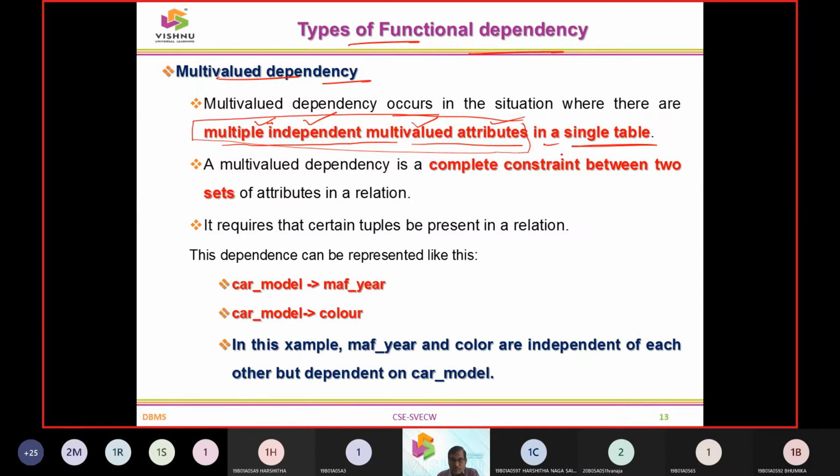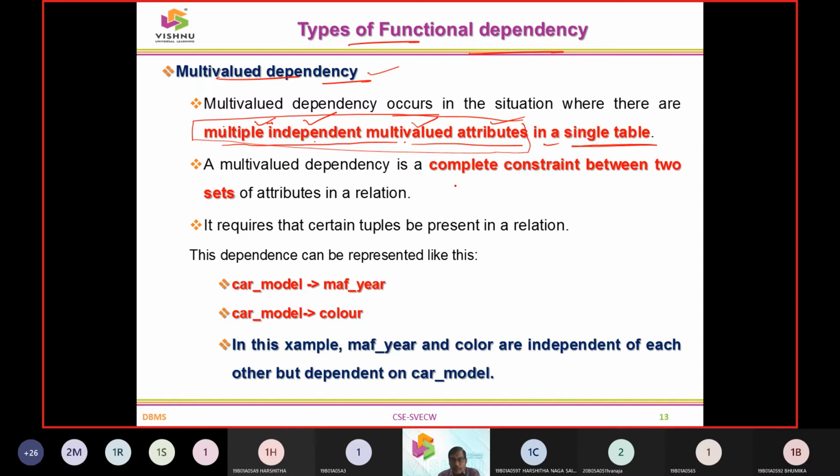In a single table, if we have multiple independent multi-valued attributes, then it is going to cause multi-valued dependency.